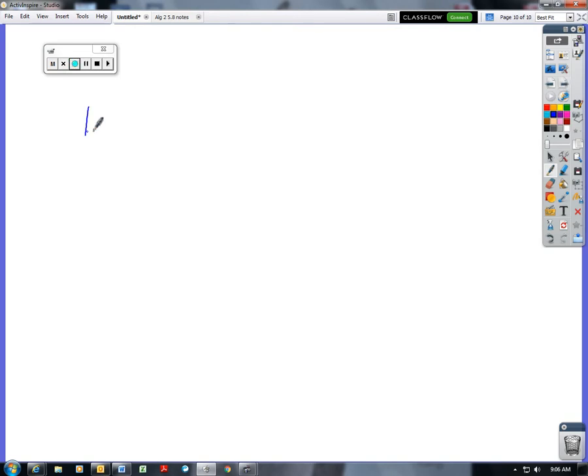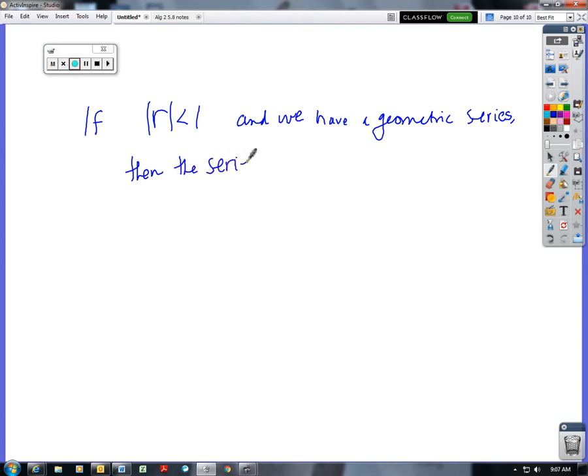So if the absolute value of r is less than 1, and we have a geometric sequence, actually I'll say a series because we're adding them, then the series will converge. In other words, it's kind of like the limit, it'll actually have a sum.